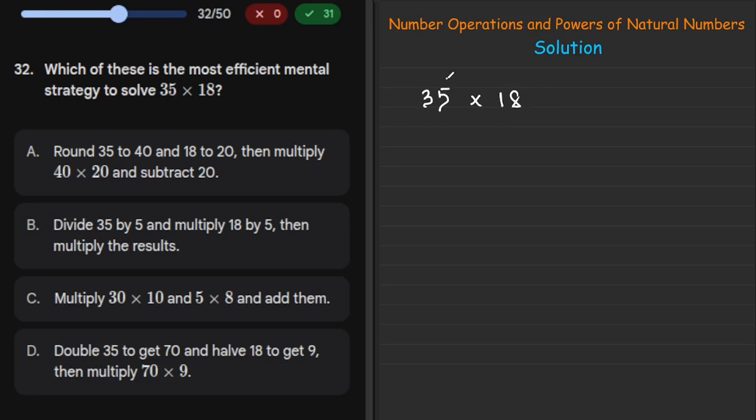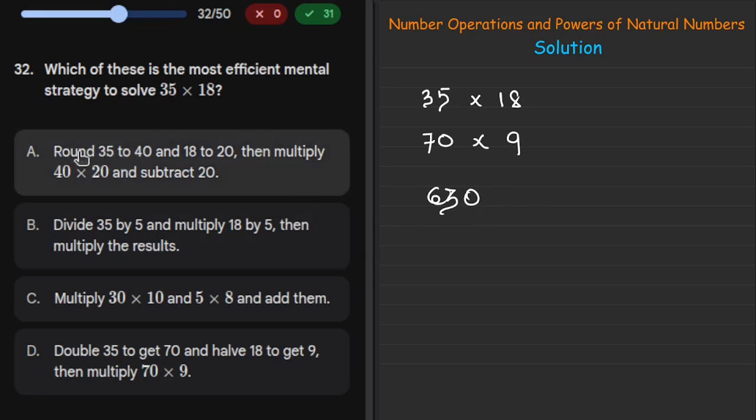So if we double 35, we are going to get a 70. Then if we have 18, we are getting a 9. You see, then with this, we have just 7 times 9. Do you see? And we know 7 times 9 gives us what? A 63. Then we just add our 0 here nicely. See, so one of the efficient ways to do that is by using the doubling and halving.